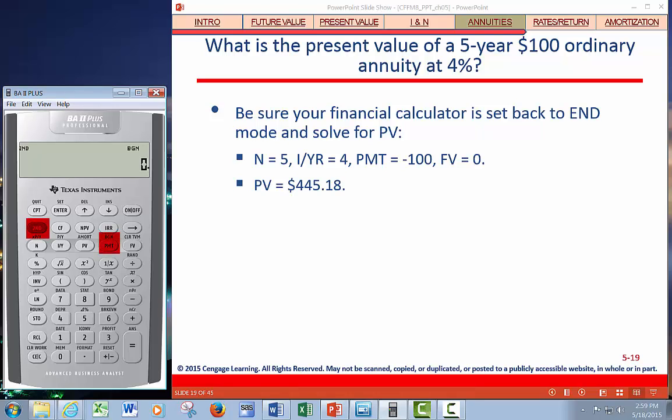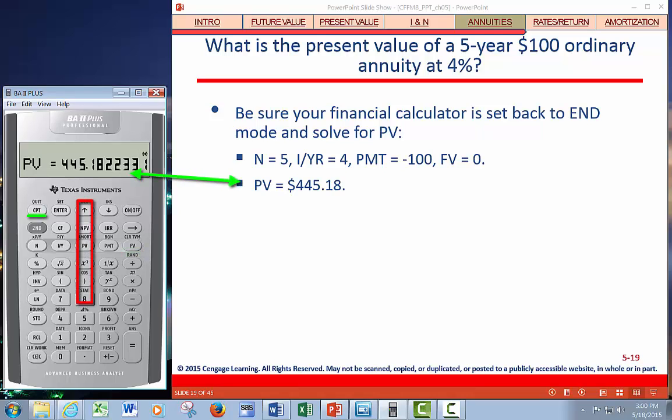If I hit second payment, second set, I've changed it back to end mode and I hit clear. And I can go ahead and type 5 is N, 4 is the interest rate, negative 100 is the payment, and 0 is the future value. And then I hit compute present value.